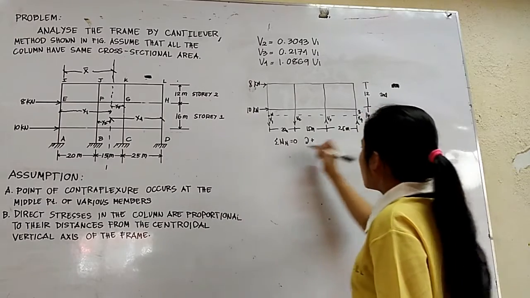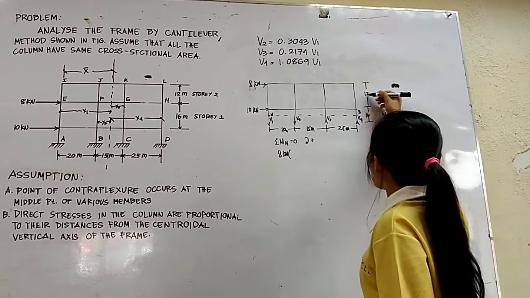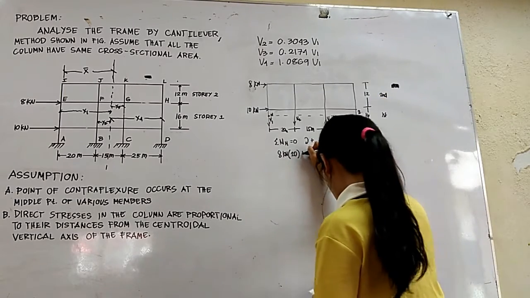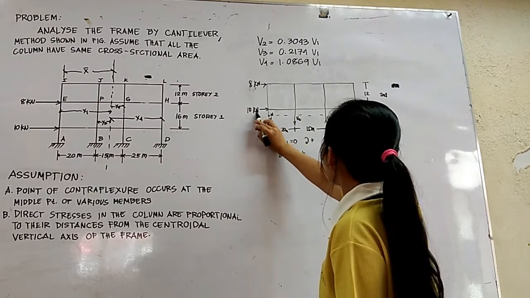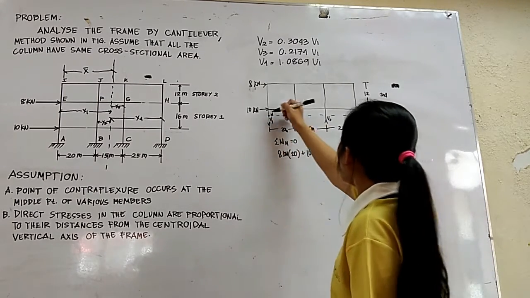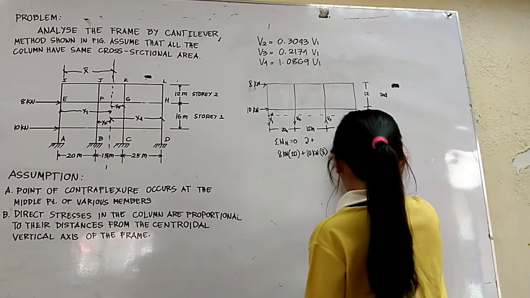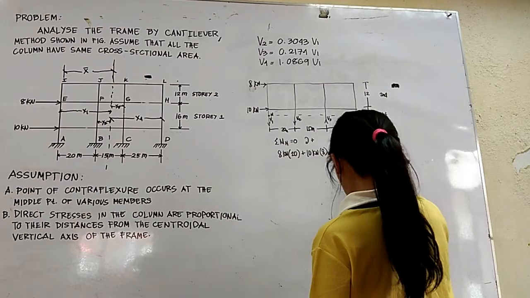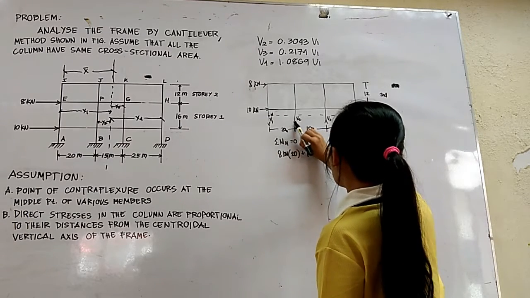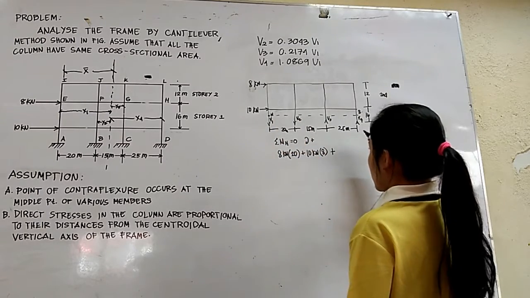So 8 kilonewton times 12 plus 8, a distance of 20, plus 10 kilonewton times the distance to N, plus our V2, which is this one. For V1, we cannot take a moment, so V1 is 0.